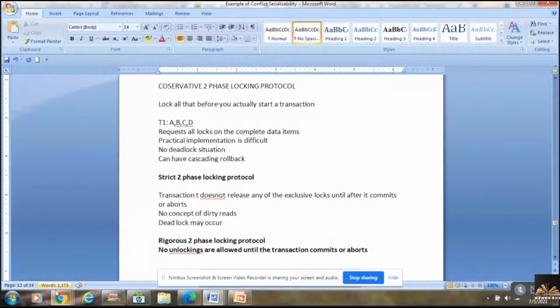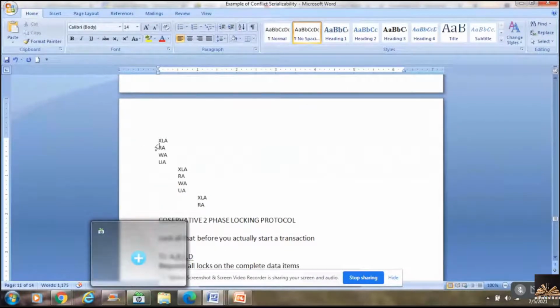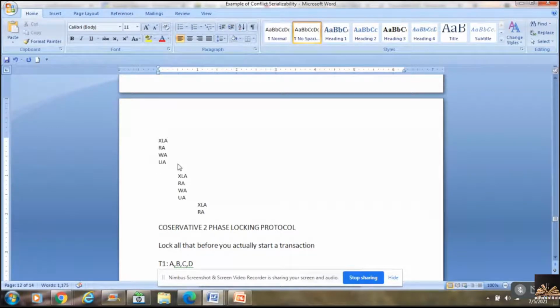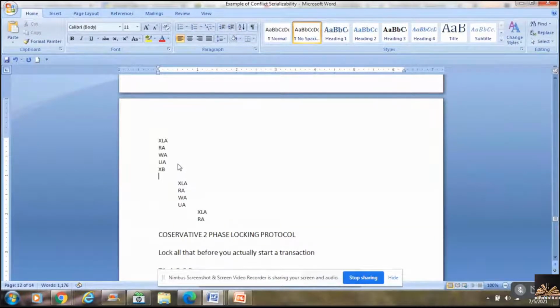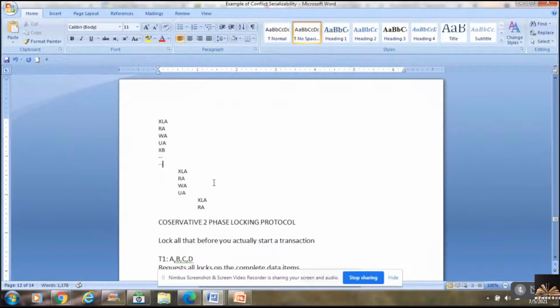So what is happening in the two-phase locking protocol? All of you have seen, ma? Here, I'm trying to read A. This is an exclusive lock on A, read of A, write of A, unlock of A. And after this, maybe I'm trying to acquire an exclusive lock on B and work with some process.